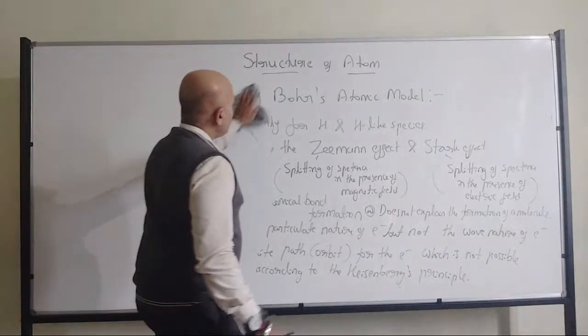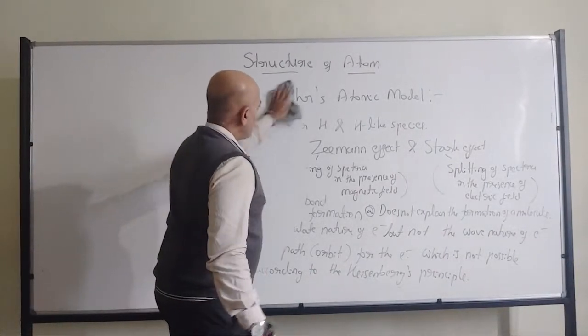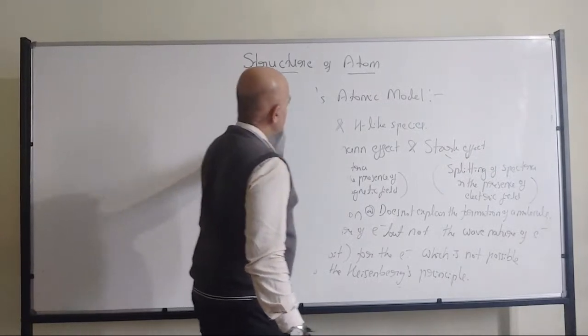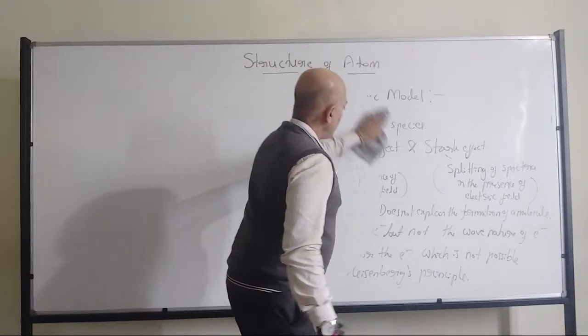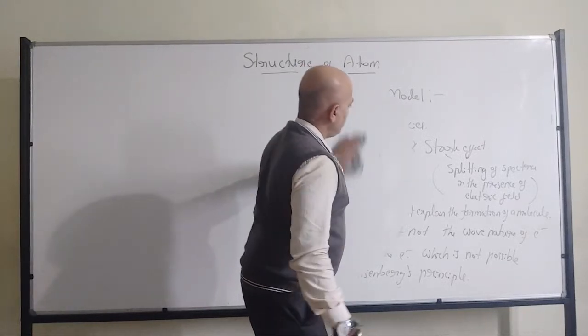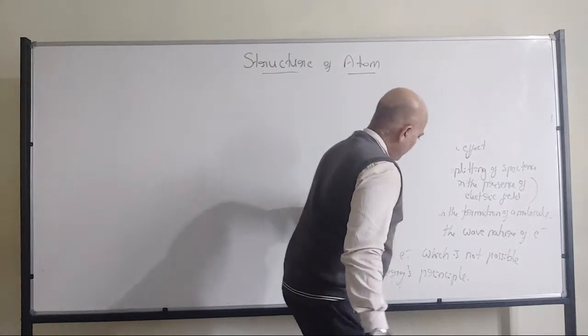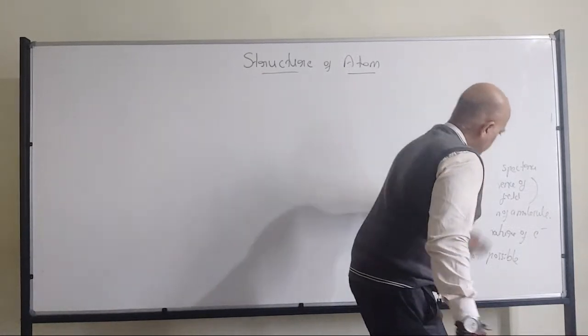Before going to the de Broglie's equation and Heisenberg's uncertainty principle, we will discuss the photoelectric effect, which is also very important.